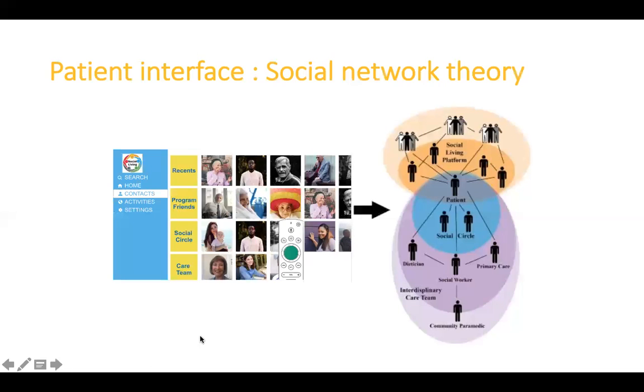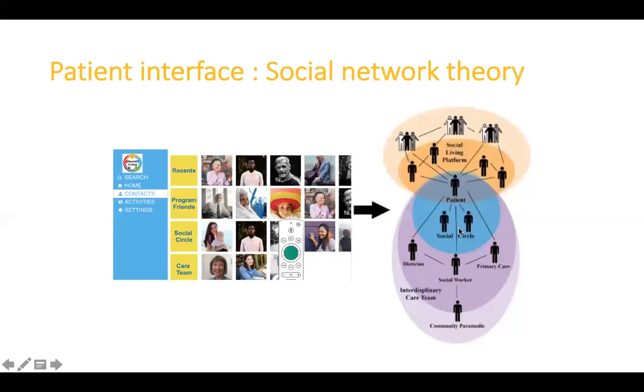So now this shows, from the outer ring, the interdisciplinary care team, which could consist of the community paramedic, who first sees the patient and identifies the patient. And then the care team could consist of a dietitian, social worker, and primary care providers. Now in the next ring, we have the social circle.